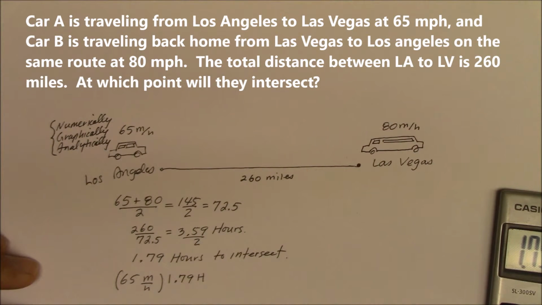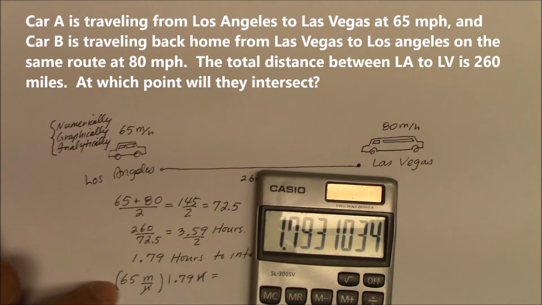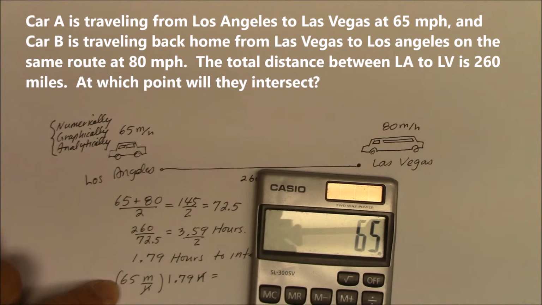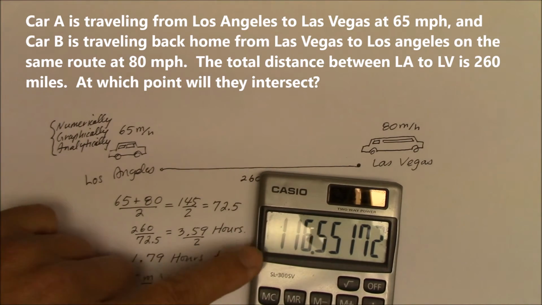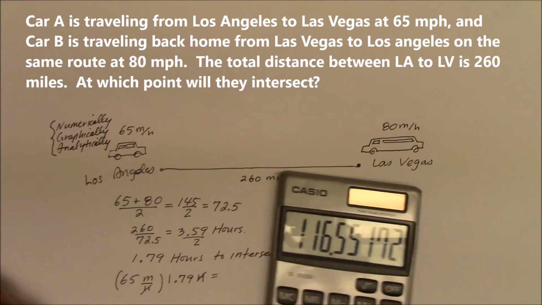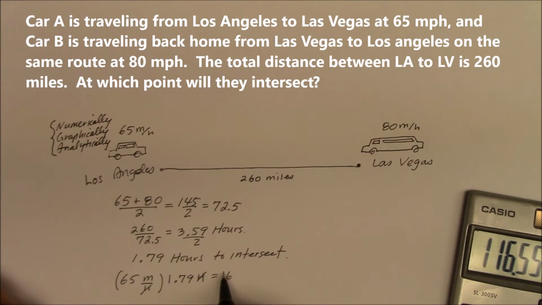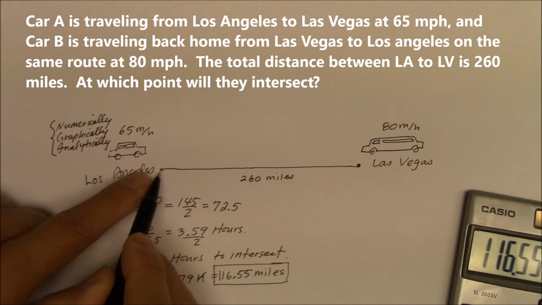hours. So the hours cancel out. Therefore, 1.79 times 65 miles per hour for car A turned out to be 116.55 miles. 116.55 miles from Los Angeles.